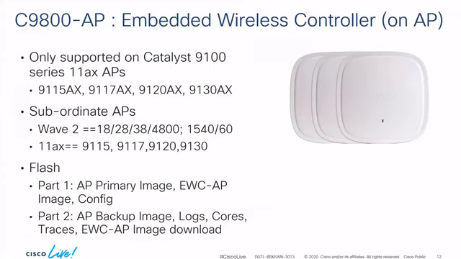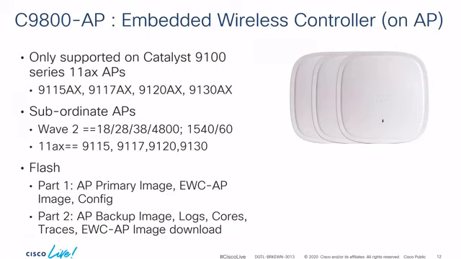Each model of access point provides a slightly different data plane and Linux kernel, so it's not the same thing between each of the platforms. Just be aware of it. While the EWC code, or the 9800 code, can only be run on the 9100 platforms, there are subordinate APs that we support, be it Wave 2 or 11AX, that can join the embedded wireless controller.